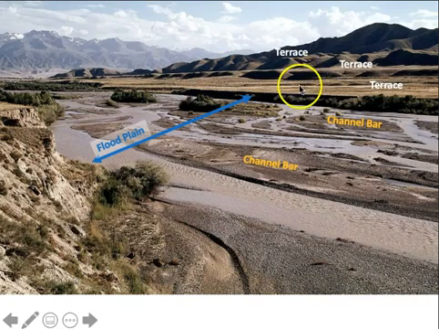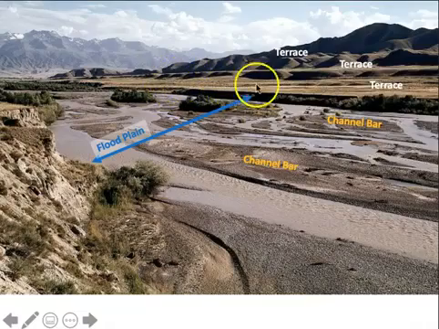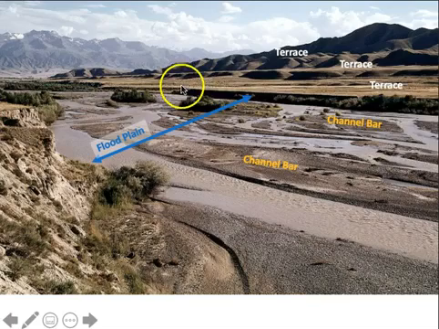So in this photograph, we have possibly 3 terraces suspended above the active floodplain. This could be an ancient terrace. Then we have a secondary one, the pretty flat surface there, and then this newest one, or most recent one, pretty clearly here.